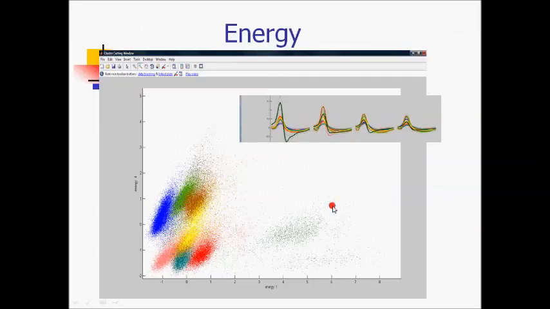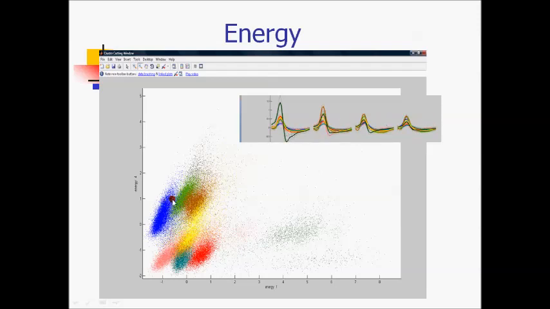I told you that most often people are using principal component analysis, but here we are also using something called energy. Energy you can think of as the area of the spike. If the spike is bigger and has a larger area, it will have a larger energy.